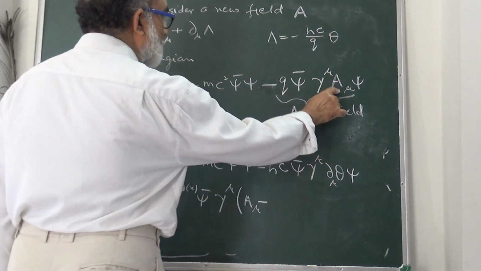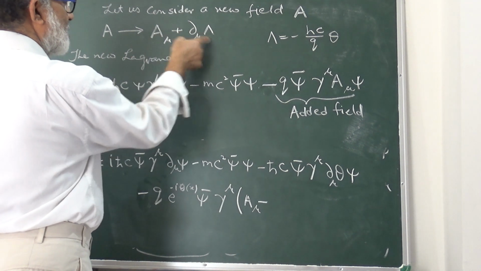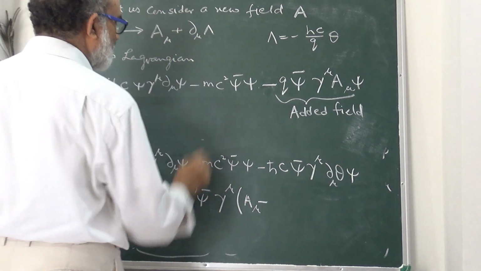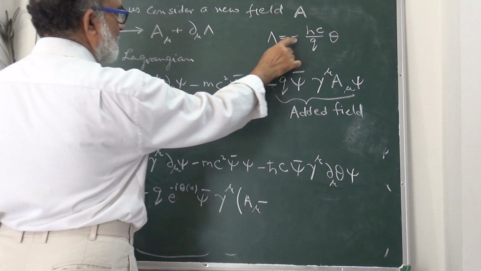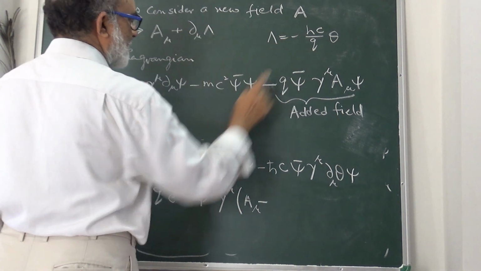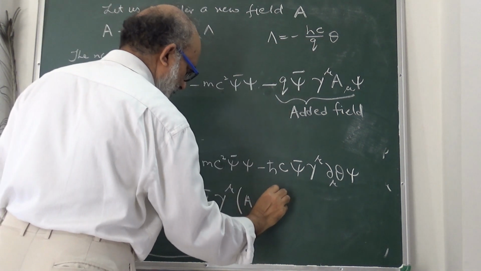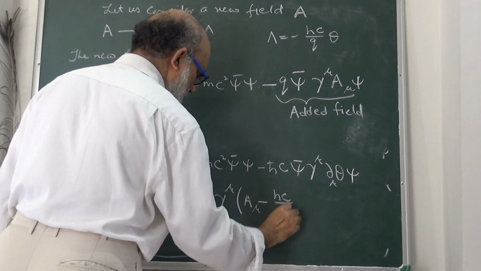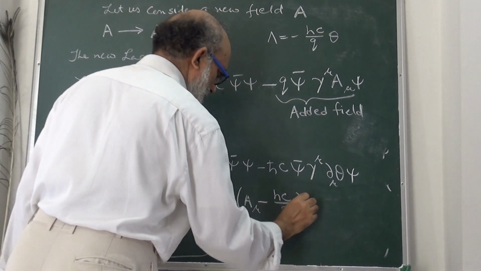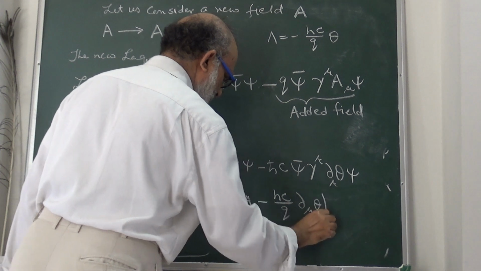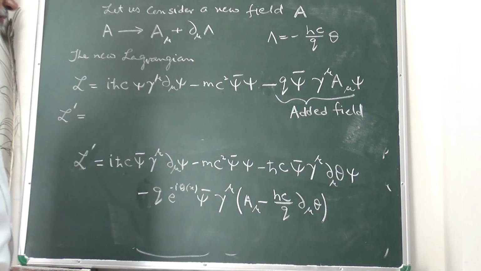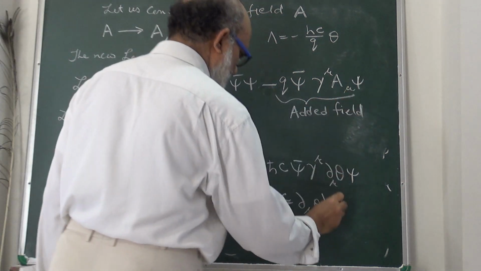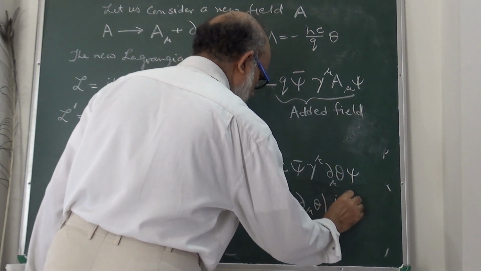And A mu's transformed part, A mu or d lambda, means minus of hc by q times theta, and this again e to the power i theta.